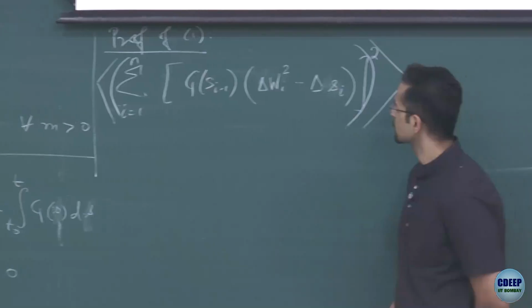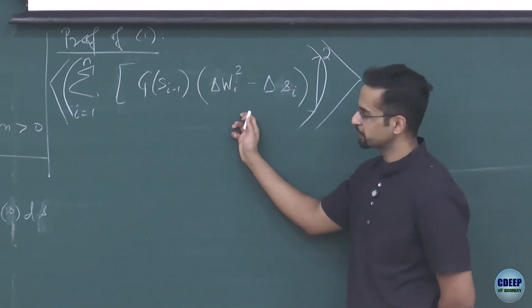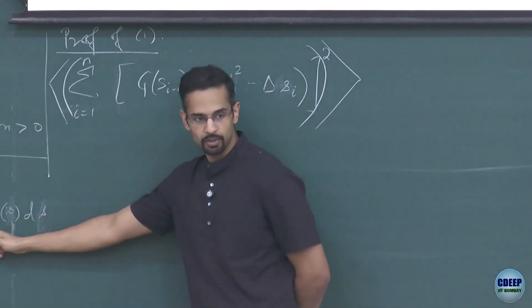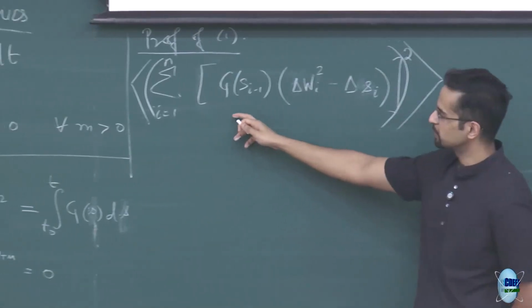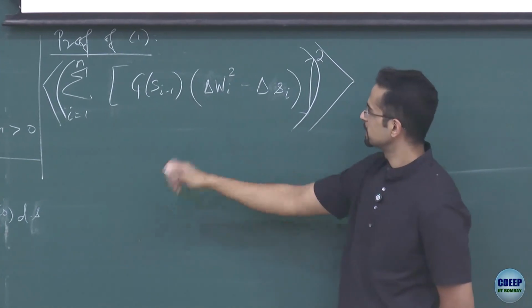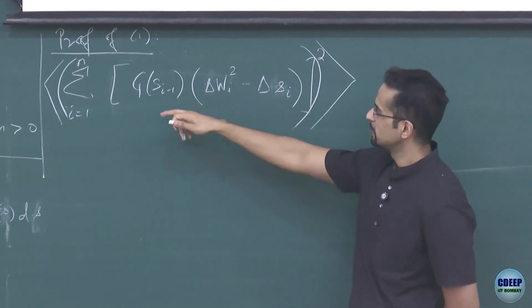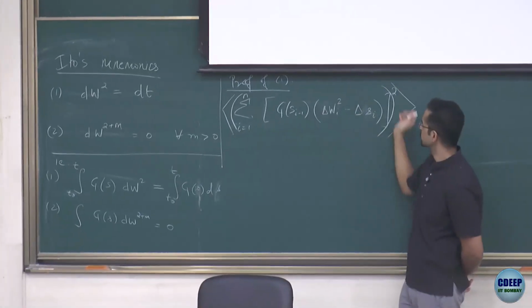So is this clear why I wrote this? This has to become 0 for this result to hold. So I just took the difference of the two in the partial sum. So G becomes common, and then it's delta W_i squared minus delta t, that whole difference. I want to take the variance, so square and then ensemble average.